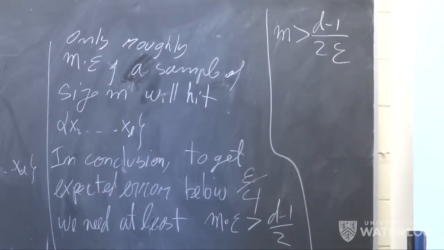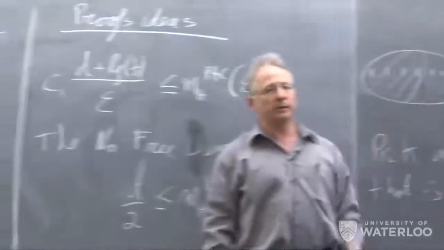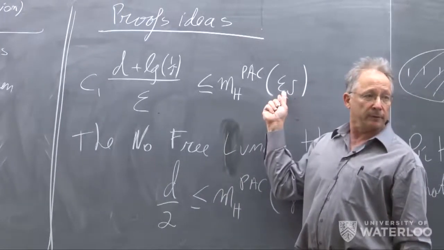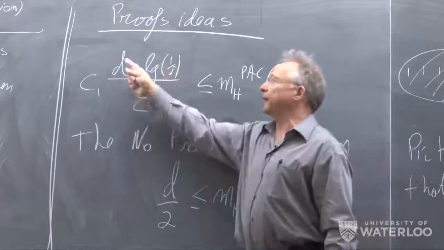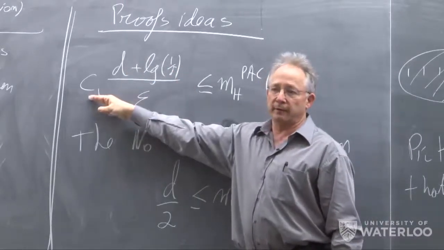So we got the behavior that we wanted here. It's only different by constant factors. Instead of epsilon here, I have epsilon over 4, and instead of this number, I have d minus 1 over 2 epsilon. It is all swallowed by this constant here.